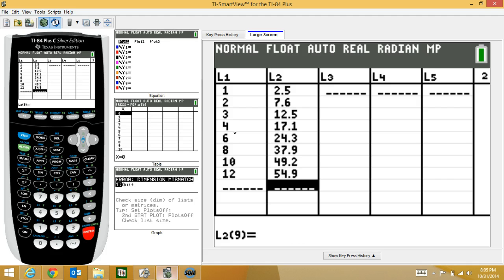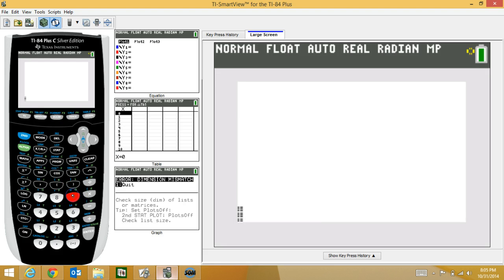Okay, and again, very important, make sure that list 1 and list 2 have the same number of entries in them. And to take a look at this data, we're going to hit Zoom 9.